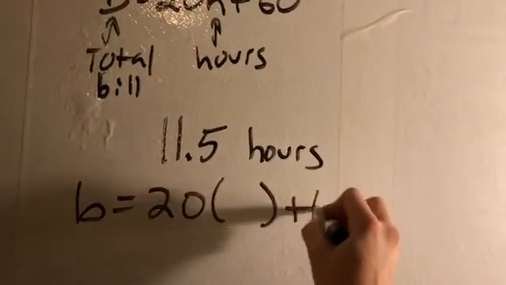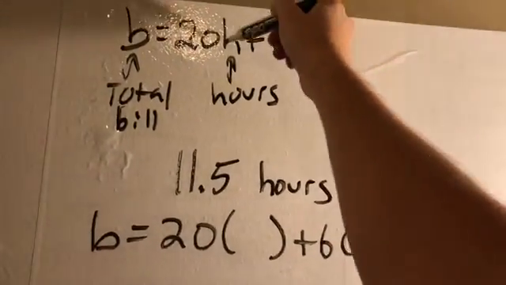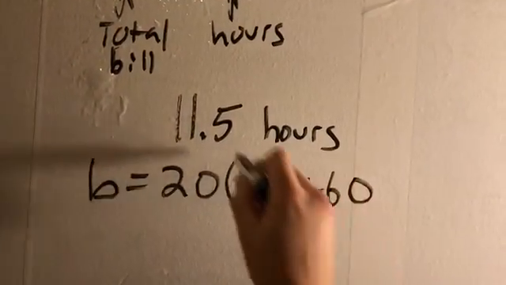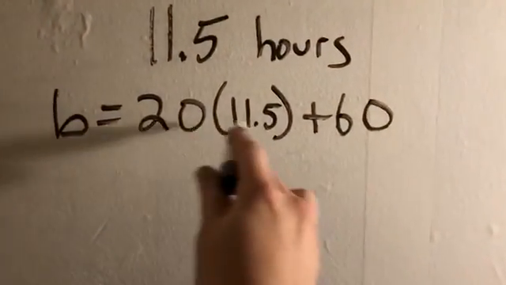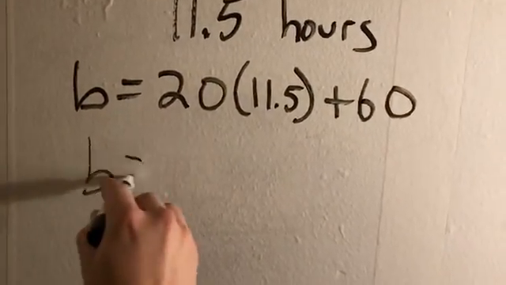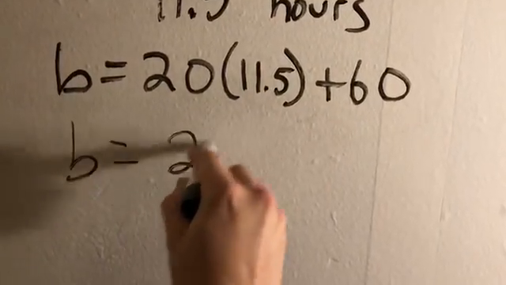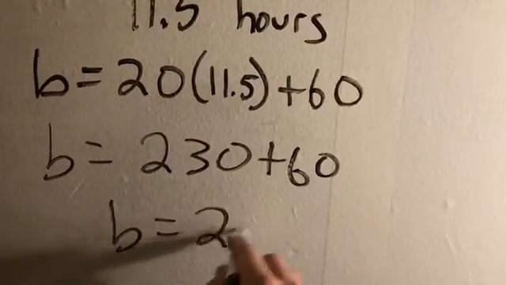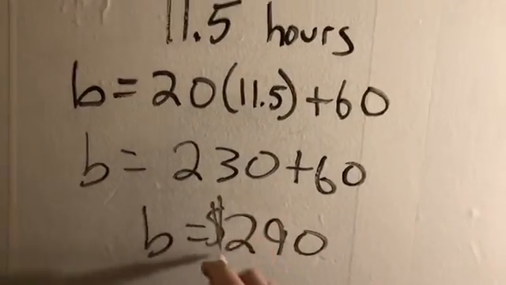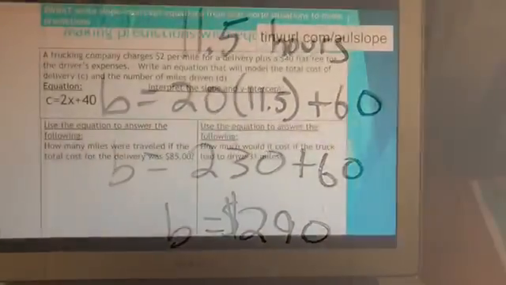When I swap out like that, instead of the letter h, I'm going to make a nice big parentheses to then put the 11.5. PEMDAS has us multiply before we add. 20 times 11.5 is 230, plus 60, $290 after 11.5 hours.